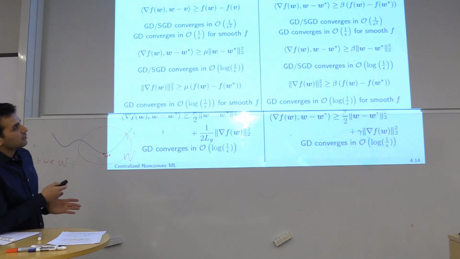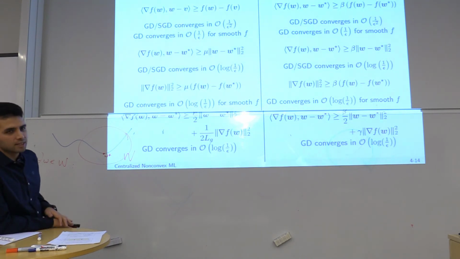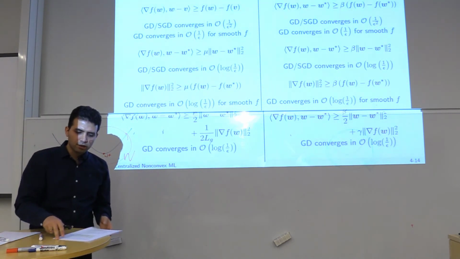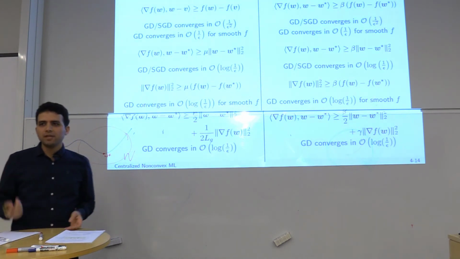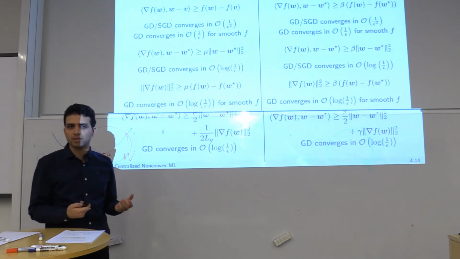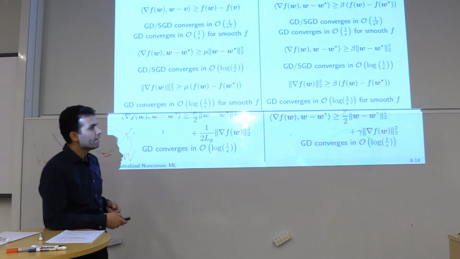So just to make it clear, these inequalities that I have mentioned for, let's say, one-point convexity, they don't have to be valid for the whole support of the function. The thing is that you need to be able to show that for some region of interest, you have that with respect to some W star that you are happy with, okay? So whatever W star is, you're going to converge to that, okay?